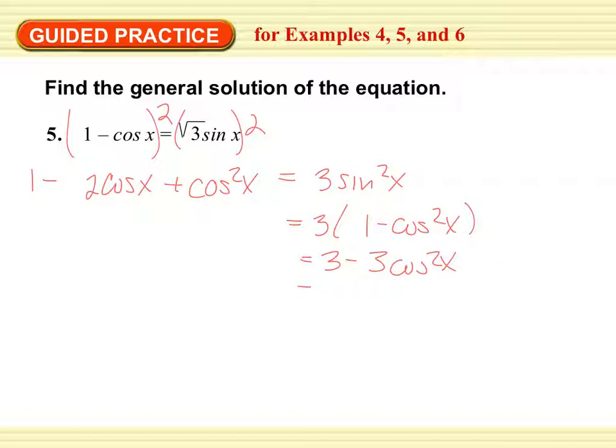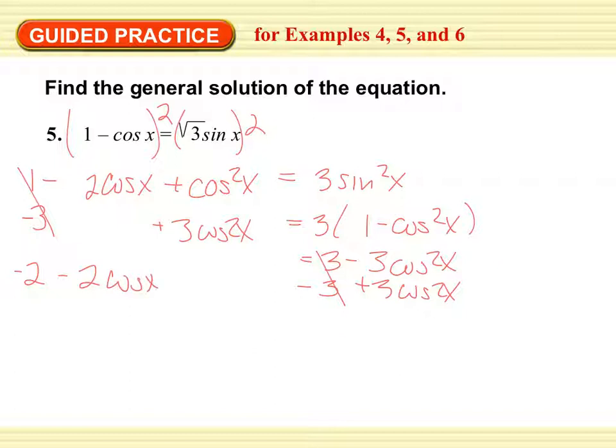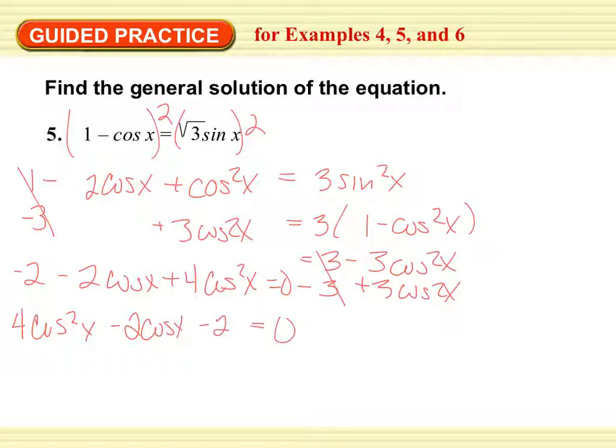Alright, I'm going to subtract 3 from both sides and get a negative 2 over there, and then add 3 cosine squared x. And that gives me minus 2 cosine x plus 4 cosine squared x equals 0. Let's rewrite that: 4 cosine squared x minus 2 cosine x minus 2 equals 0.